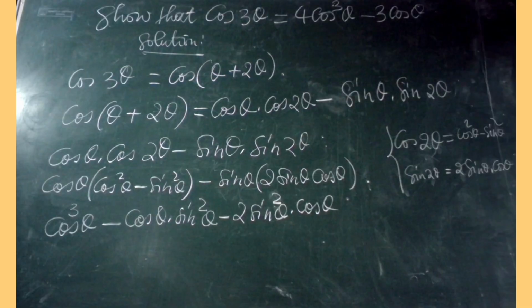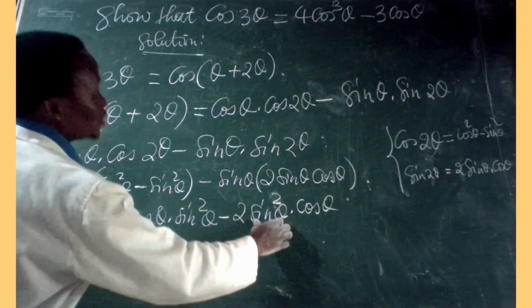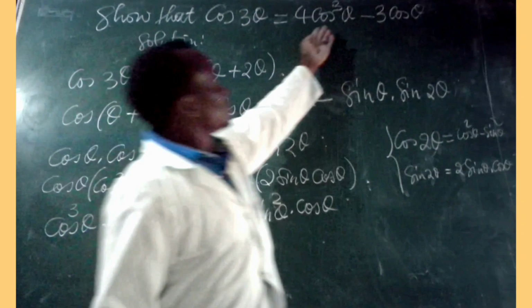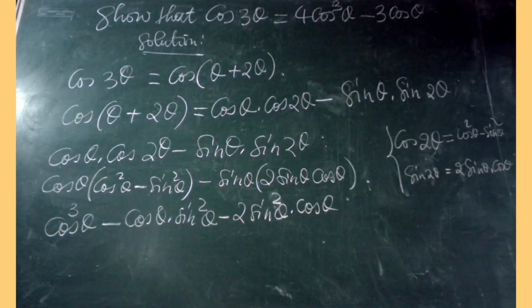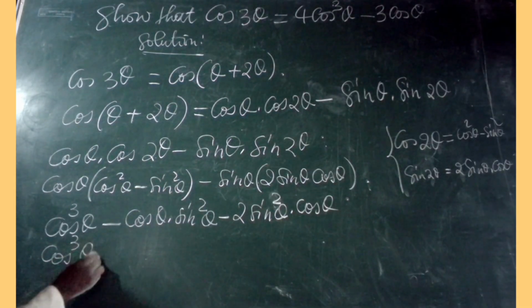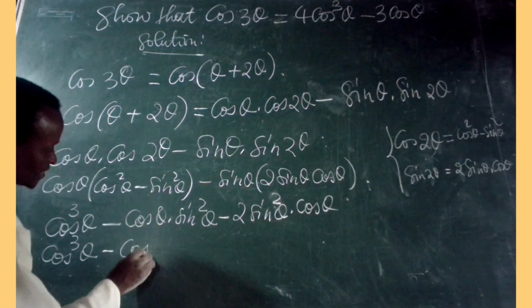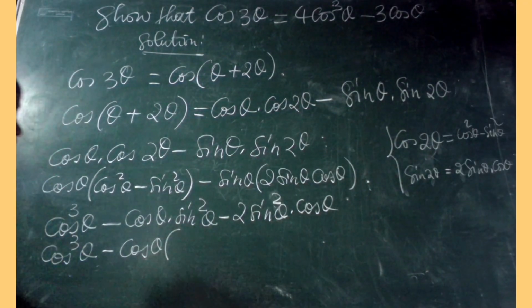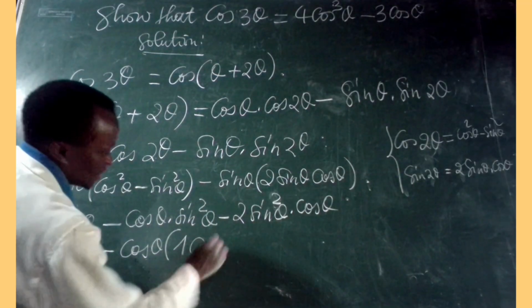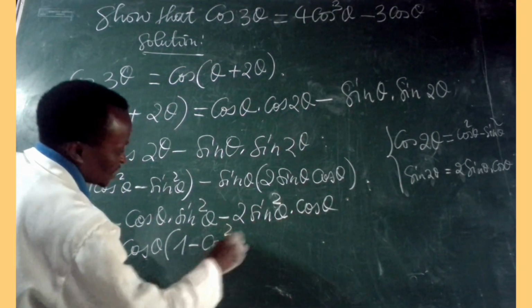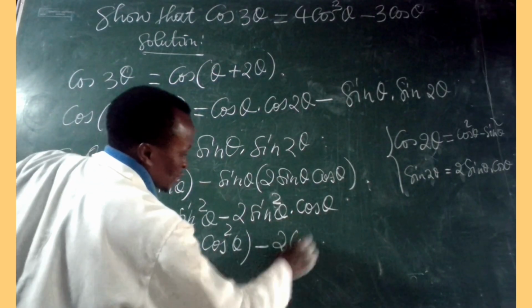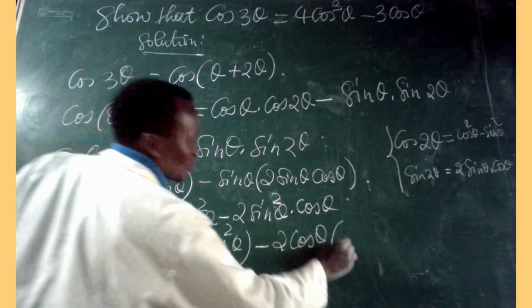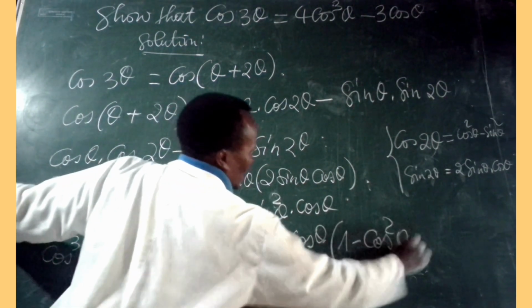Now here we are going to change sine into cosine, because we are given the cosine form, so where sine is, you have to change it into cosine. Now we have cosine power 3 theta minus cosine theta times sine square theta, which is equal to 1 minus cosine square theta, minus 2 cosine theta times 1 minus cosine square theta.